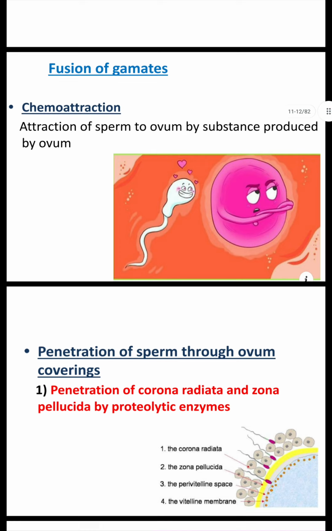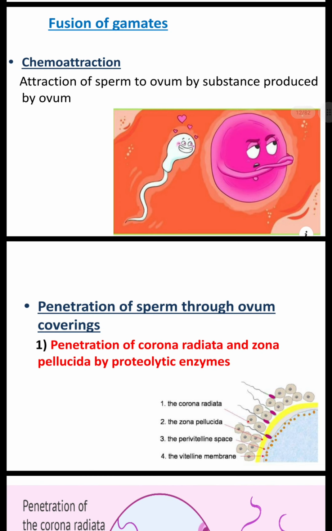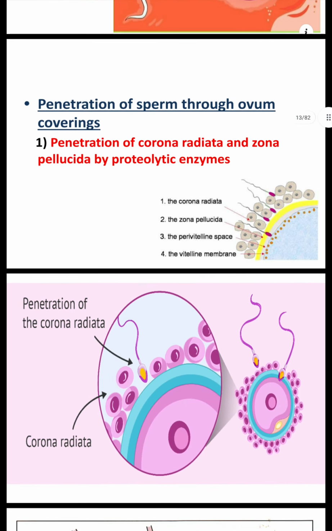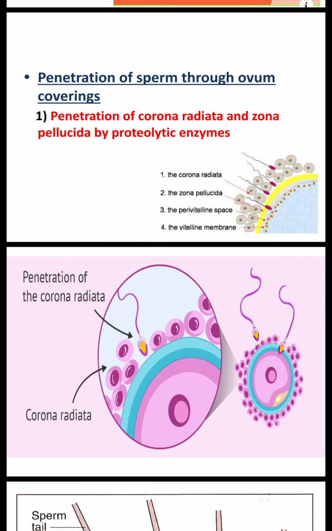Now the fusion of gametes. There is chemoattraction, that is attraction of sperm to the ovum by a substance produced by the ovum. Then penetration of sperm through the ovum covering. There is penetration of the corona radiata and zona pellucida by proteolytic enzymes.